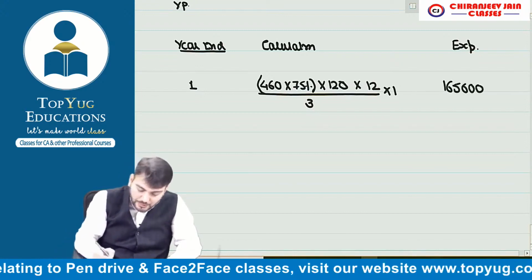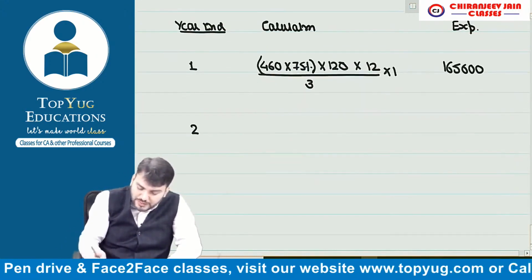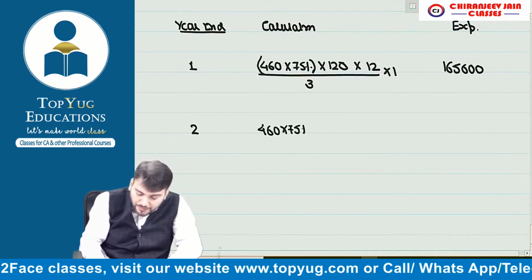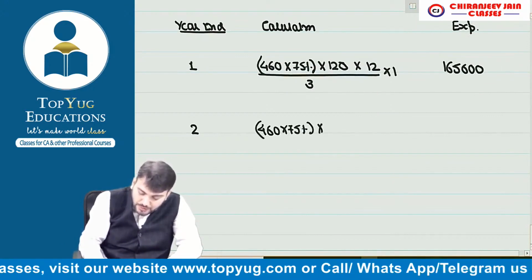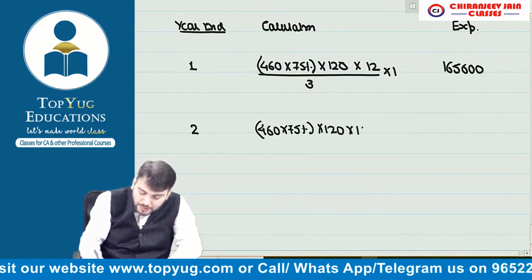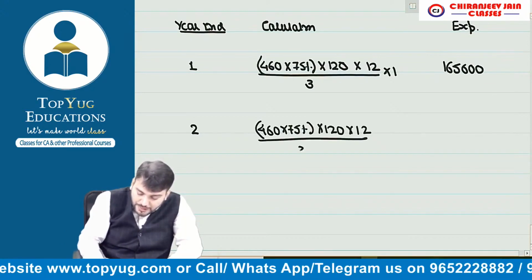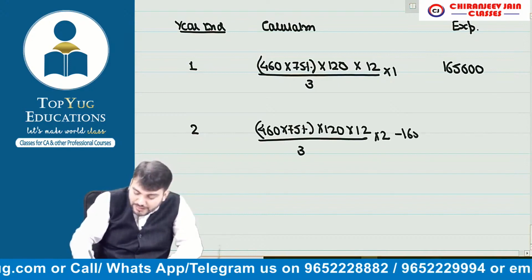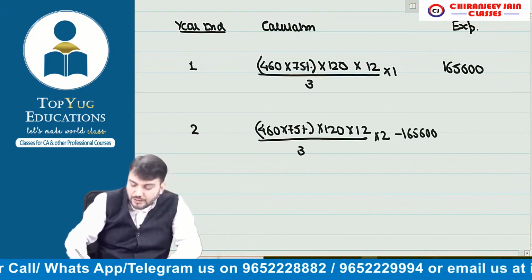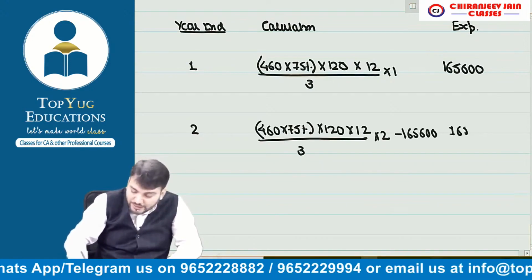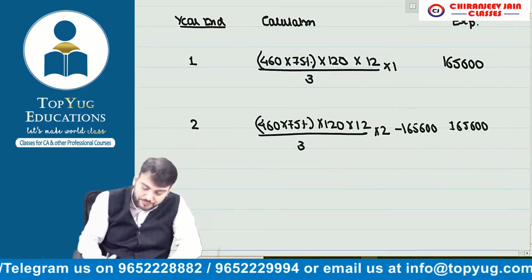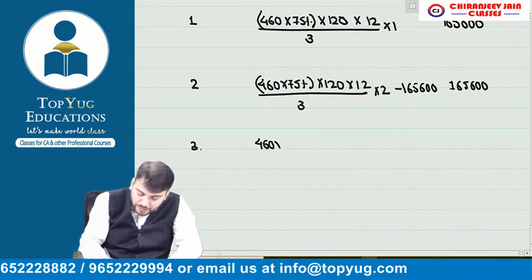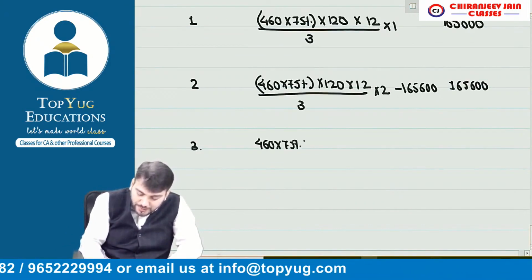It is 1,65,600. Then year end 2, same 460 into 75% into 120 into 12 divided by 3 into 2, minus 1,65,600. So I think it will come the same, 1,65,600. Check it. Then point number 3, same 460 into 75%.